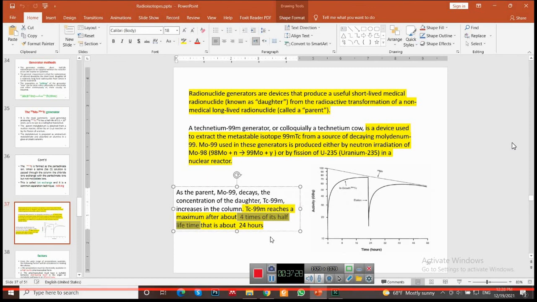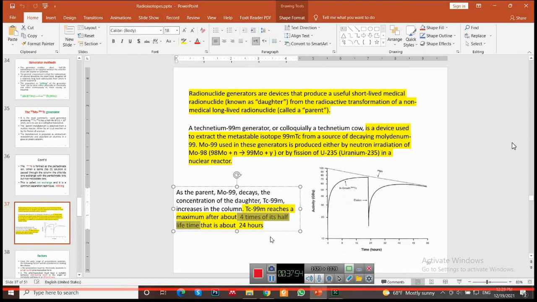Because the half-life of technetium is about 6 hours, we can conclude that the maximum amount of technetium-99m in the generator is obtained about 4 multiplied by 6, that is equal to 24 hours.